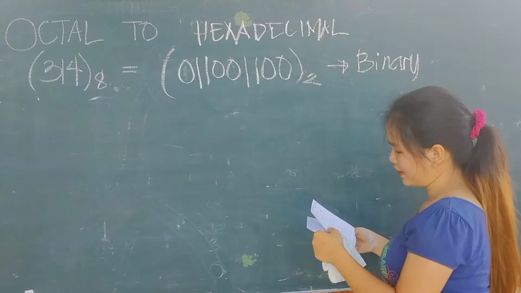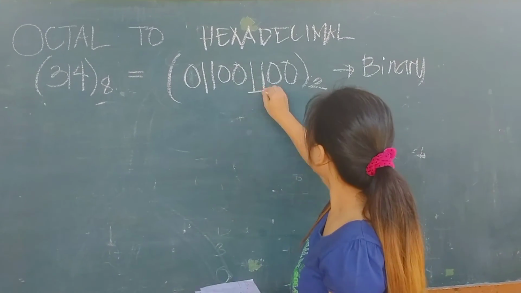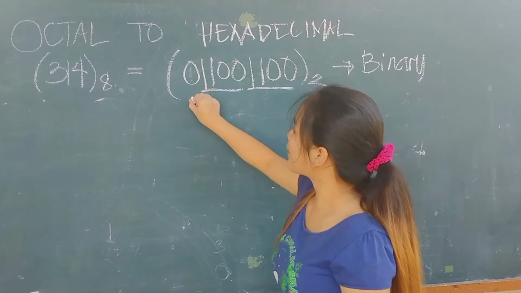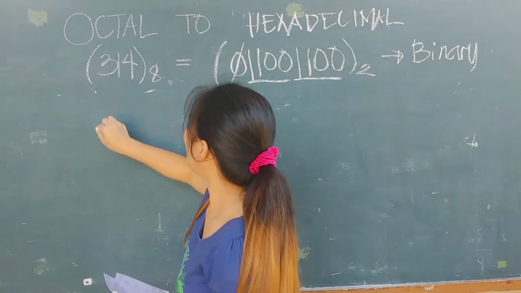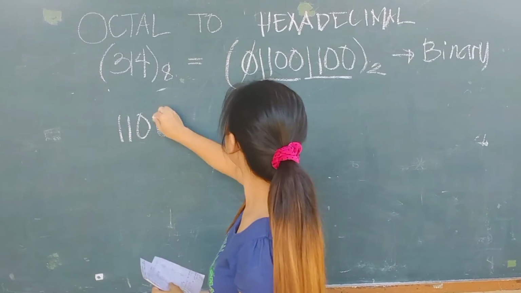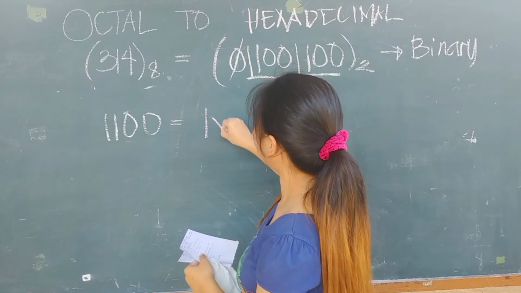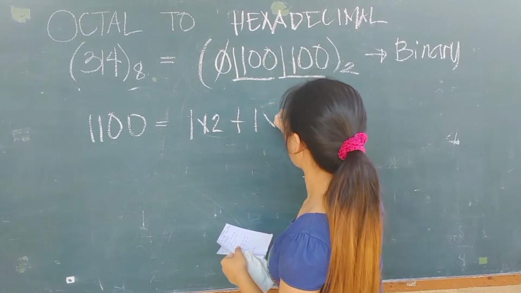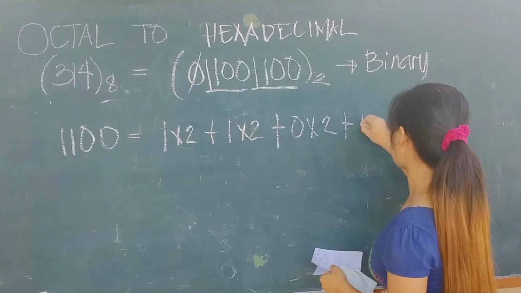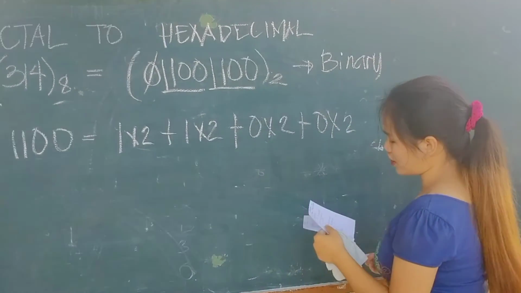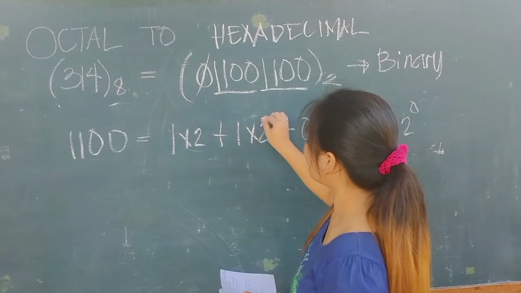Then the binary, we group it by 4. We can ignore the leading 0, so we have 1, 1, 0, 0, and we should multiply it by 2. 1 times 2 plus 1 times 2 plus 0 times 2 plus 0 times 2, and we put an exponent here, 0, 1, 2, 3.